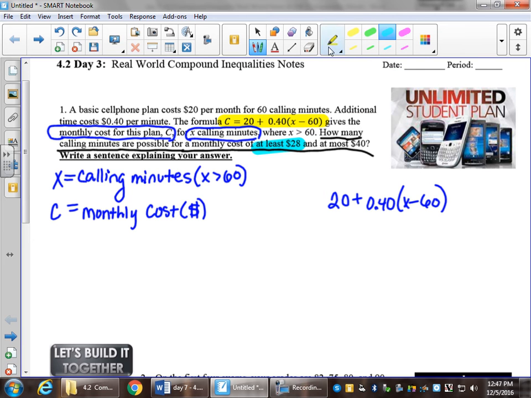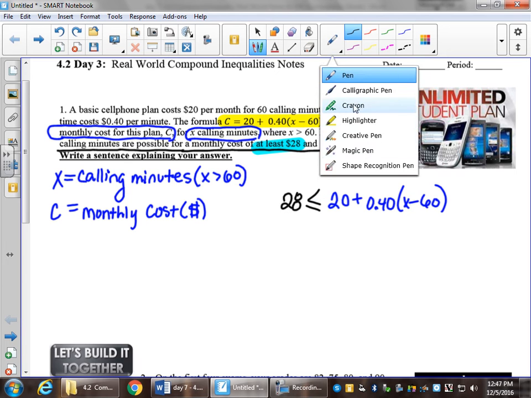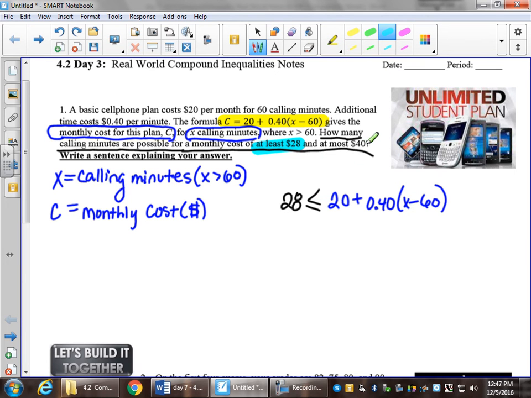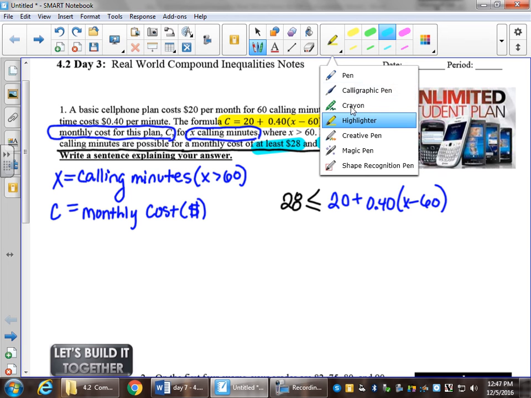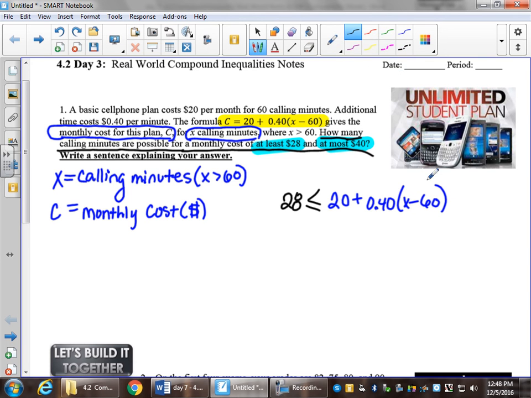At least 28 means that this is going to be greater than or equal to 28. At most $40 means no more than, or less than or equal to 40.